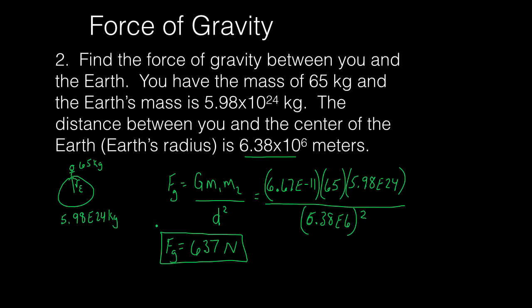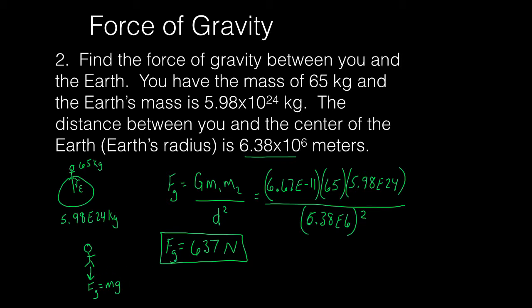Okay. And this is a good place to bring up the fact that we've talked about the force of gravity between you and the Earth all year. If you remember us doing free body diagrams, if you were to draw the free body diagram of you, you would have this arrow going down, and we always put force of gravity is equal to m, which is the mass of you, times g, which is the acceleration due to gravity.